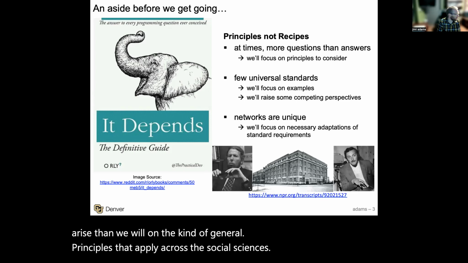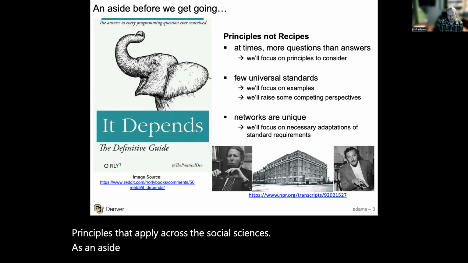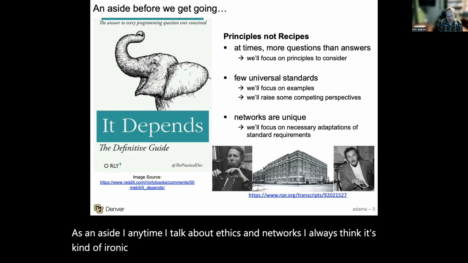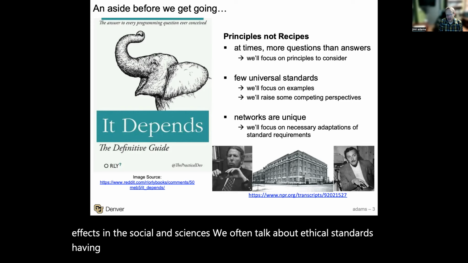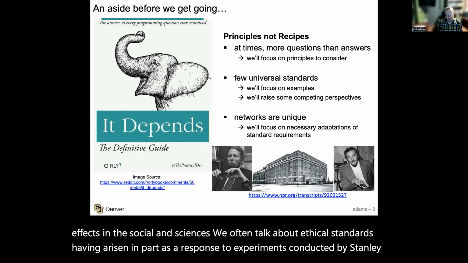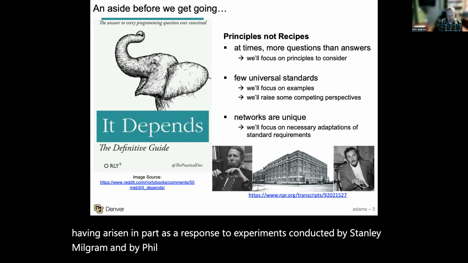As an aside, anytime I talk about ethics and networks, I always think it's kind of ironic or interesting to note one of the classic small world effects in the social and behavioral sciences. We often talk about ethical standards having arisen in part as a response to experiments conducted by Stanley Milgram and by Philip Zimbardo on various ways that people submitted to authority.